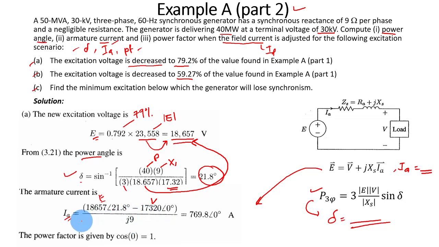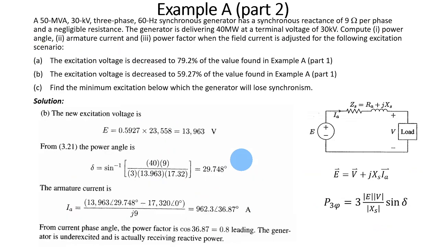You get a phase armature current of around 769 ampere at an angle of 0 degrees. The power factor is cosine theta, which is 1, so the machine is operating at unity power factor. Okay, let's go to the next one.